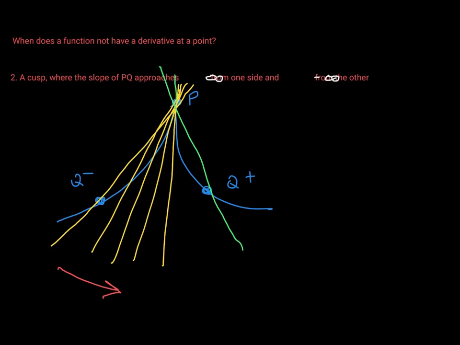And the closer point Q gets to point P from the right, these lines are becoming more and more vertical, but they're all still negative, right? So negative infinity, because we're reading it from left to right. So these secant lines are moving in that direction, and all of these lines have negative slope. So the slopes of these secant lines are approaching negative infinity.